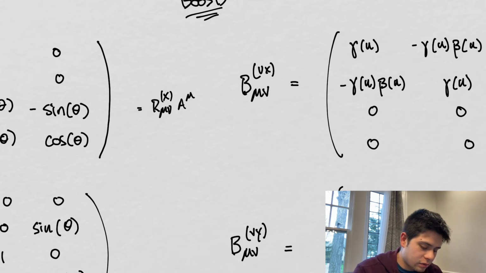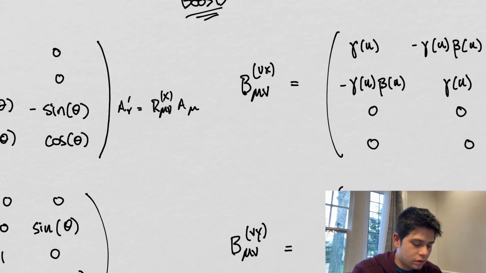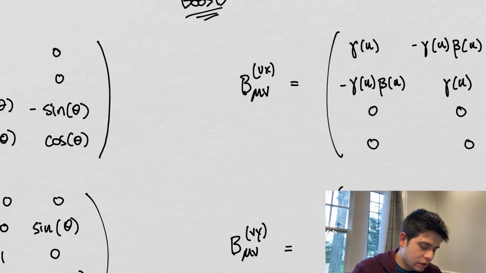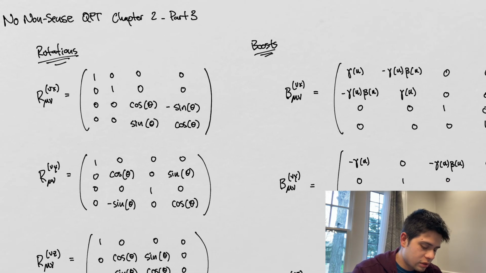And that's going to be equal to, well, this isn't really a tensor, so we'll just say a mu, that's going to be equal to a nu prime. So the prime means this is the new rotated vector. So we apply the rotation to an old vector to get a new vector, right? And we can do this with any of these matrices.